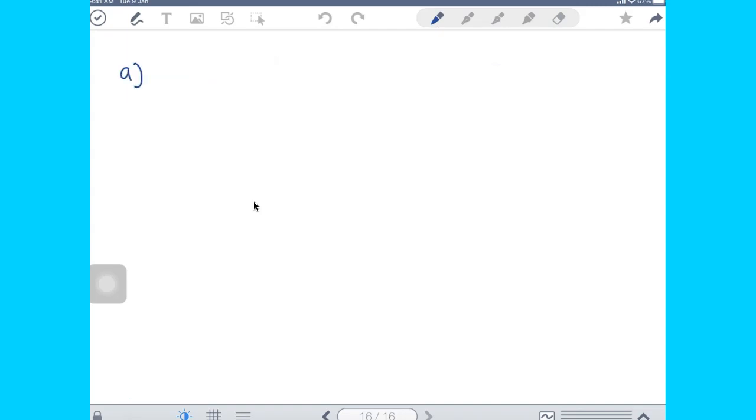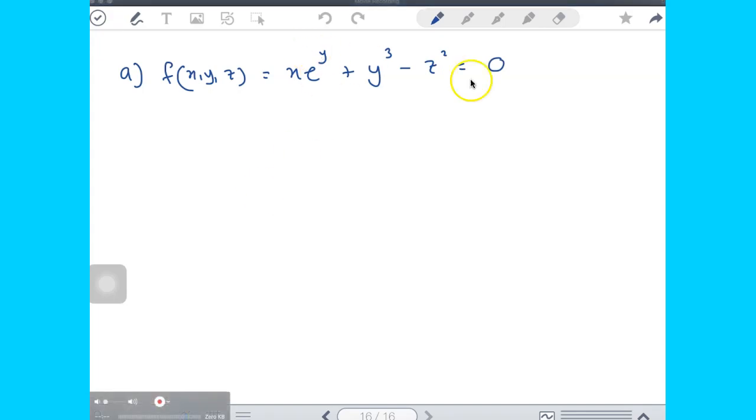So your new function now becomes three variables, where you have x e^y plus y cubed minus z squared equal to 0. Now your function is equal to a constant, which in this case is 0. What I want to say here is that for any function given to you, you have to make it equal to 0.